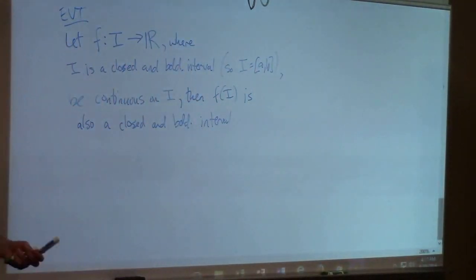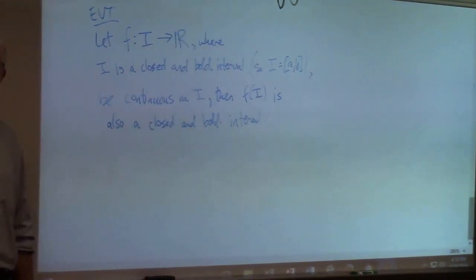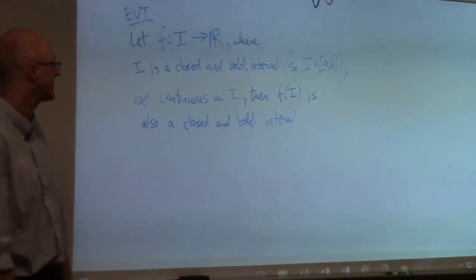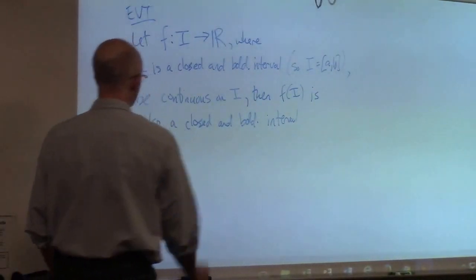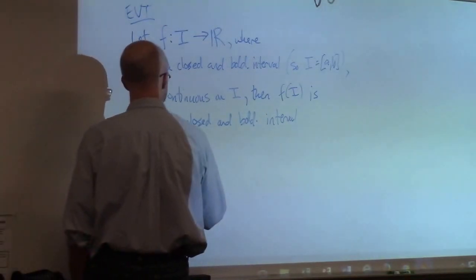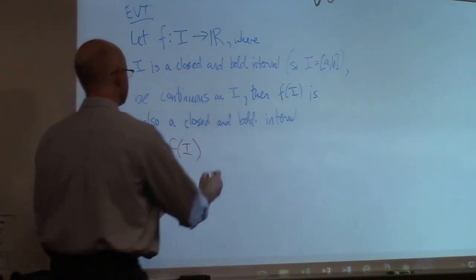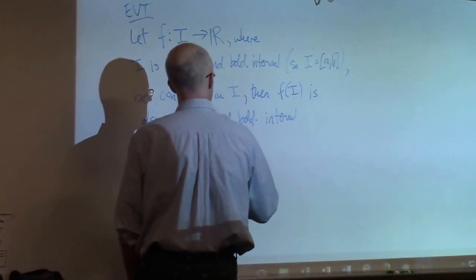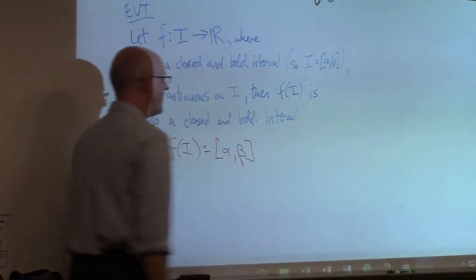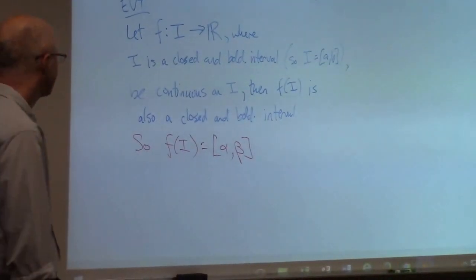So that's the way I stated it, which is different than the book does. I'm going to add some extra comments in here to relate it to the book's statement. So, what does this mean? It means f of I equals some closed interval, say, with left endpoint alpha and right endpoint beta.